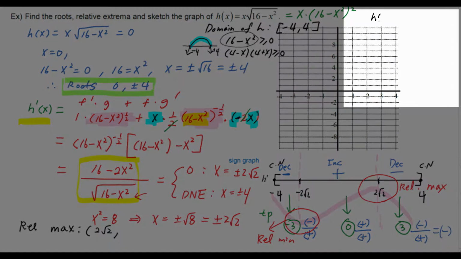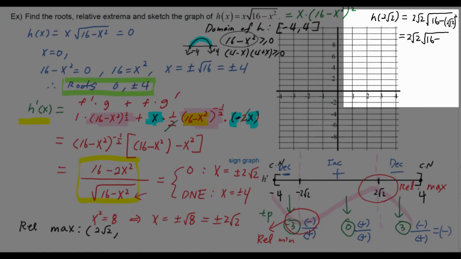So h of 2 radical 2 is equal to 2 radical 2 times the square root of 16 minus (2 radical 2) squared. When I square the 2, I get 4.